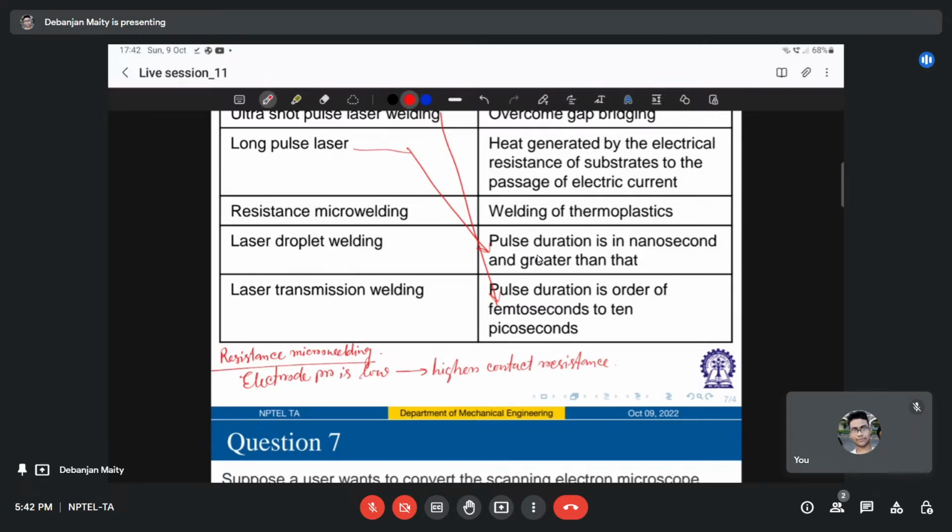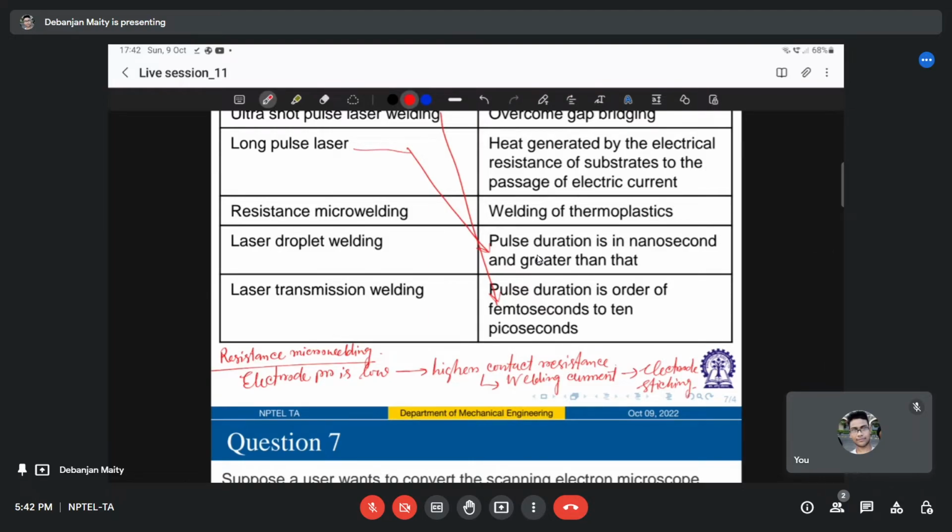It reduces the welding current. Welding current reduces, and that maybe can promote electrode sticking. These are some characteristics in resistance micro welding.